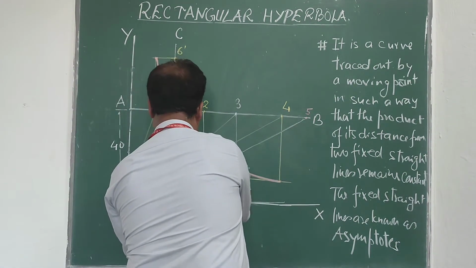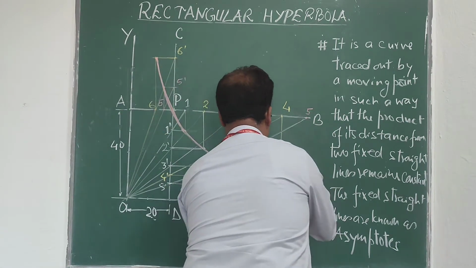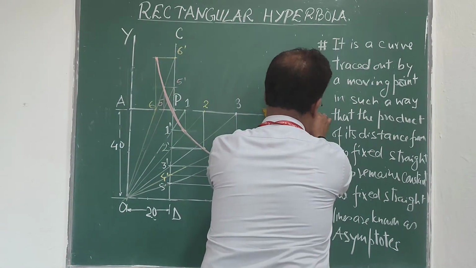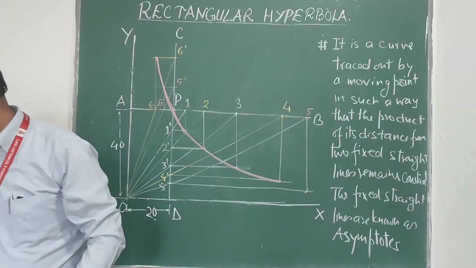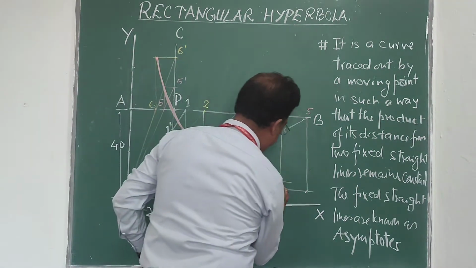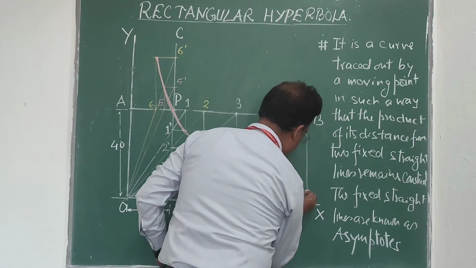From this 5 dash draw a line parallel to OX, and from this 5 come downside, so that will be another point, and you can extend this further like this.